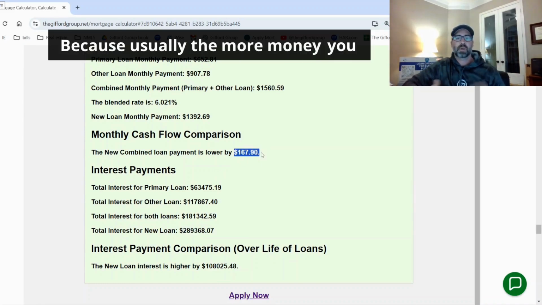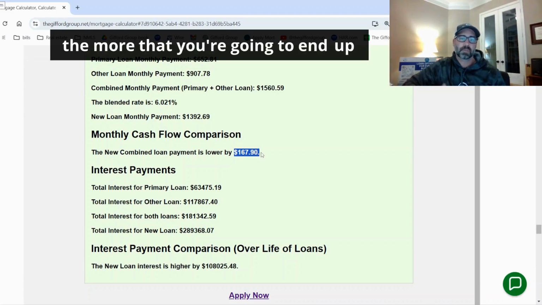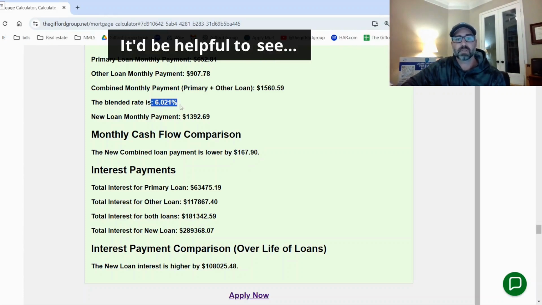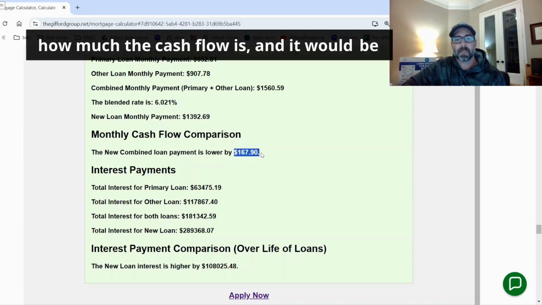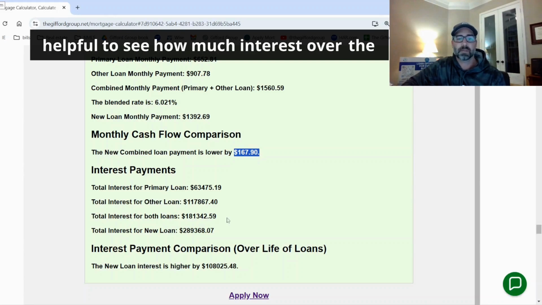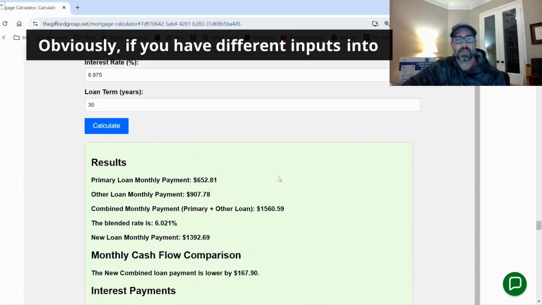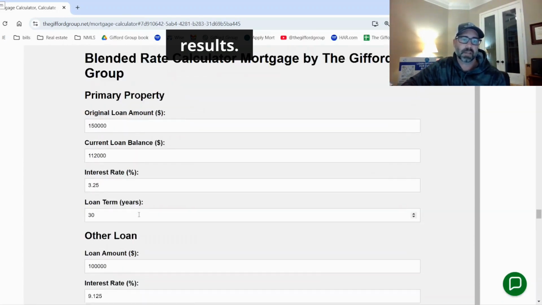Because usually the more money you borrow over a longer period of time, the more you end up paying in interest. I thought it'd be helpful to see the blended rate, how much the cash flow is, and how much interest there is over the life of the loan. In this calculation, this is the way it comes out. Obviously, if you put different inputs into the calculator, you might get different results.